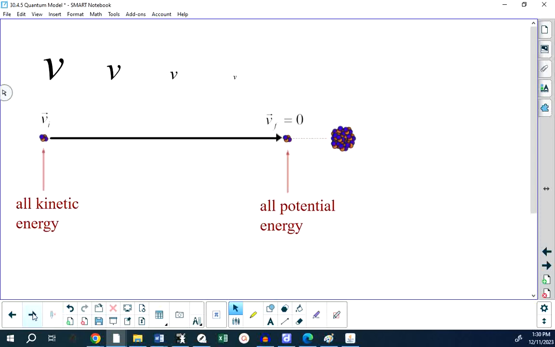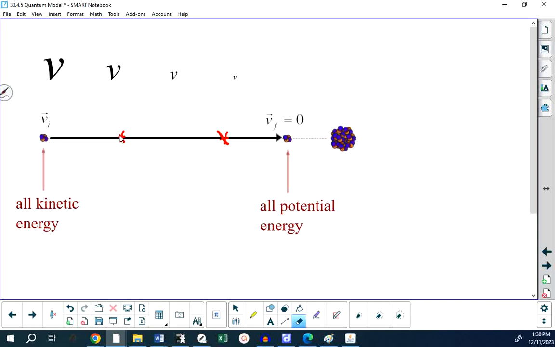This is tricky because not only will there be a force slowing it down, but as it gets closer, the amount of force slowing it down gets greater. The force acting on the alpha particle when it is here is less than the force acting on it when it's there.